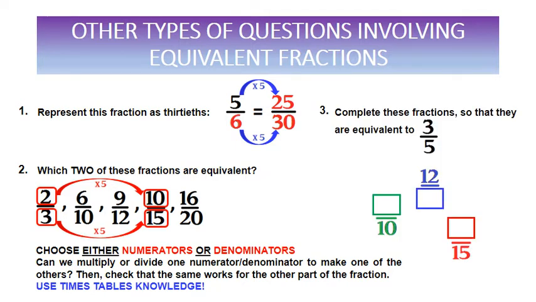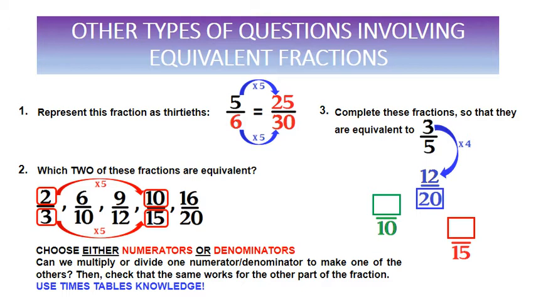Here's another type of question. Complete these fractions so that they are equivalent to 3/5. So this is what I'm going to do. If I start with the 12 somethings, I can see that I've created the 12 by multiplying the 3 by 4. So all I have to do is to multiply the 5 denominator by 4, and that will give me the equivalent fraction.